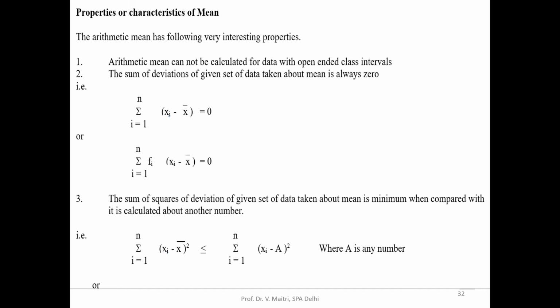So what are the other properties of the mean? The mean has very interesting properties. The first property is you cannot calculate the mean when the data has an open-ended class interval. What do you mean by open-ended class interval?